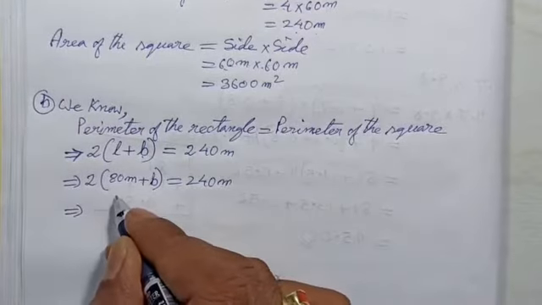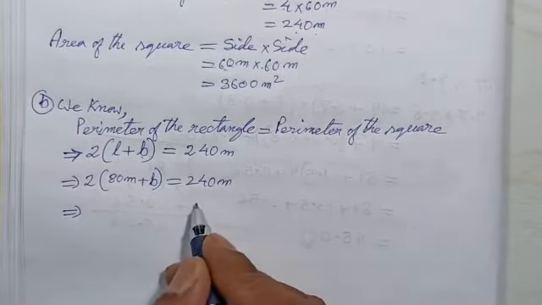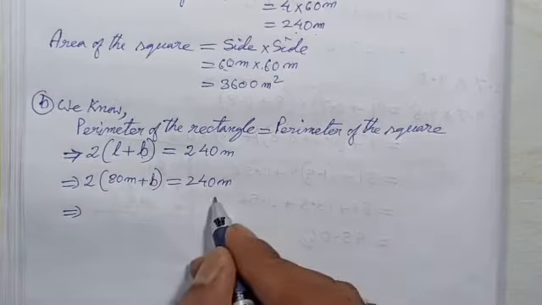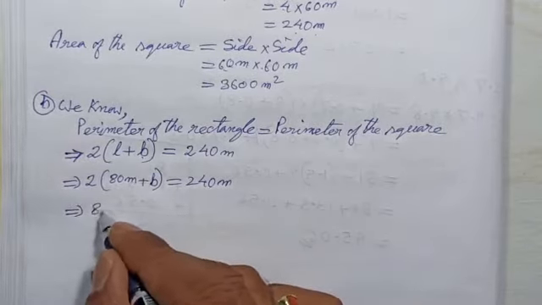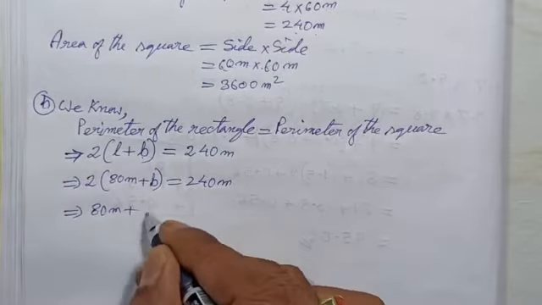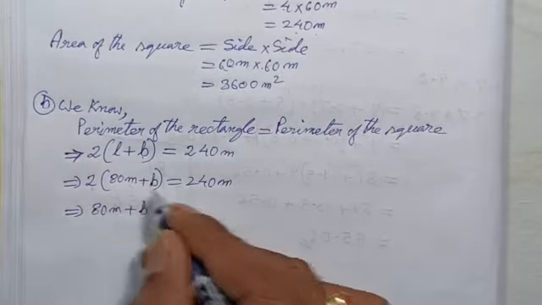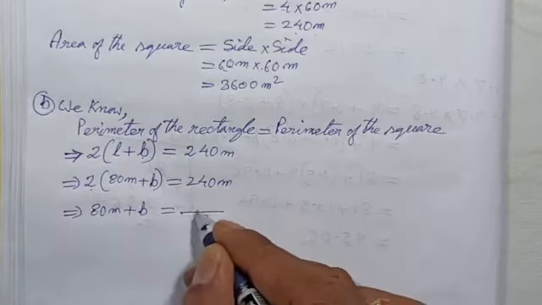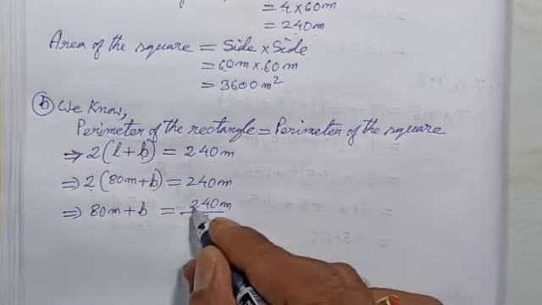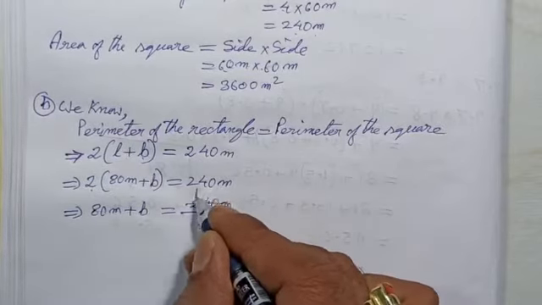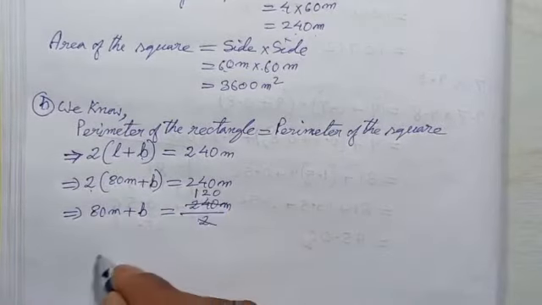Next, this 2 is transposing to the other side, so 240 will be divided by 2. Then 80 meter plus breadth is left. Now 240 divided by 2: 2 1 time is 2, 2 2 are 40, so 120 is what we get.